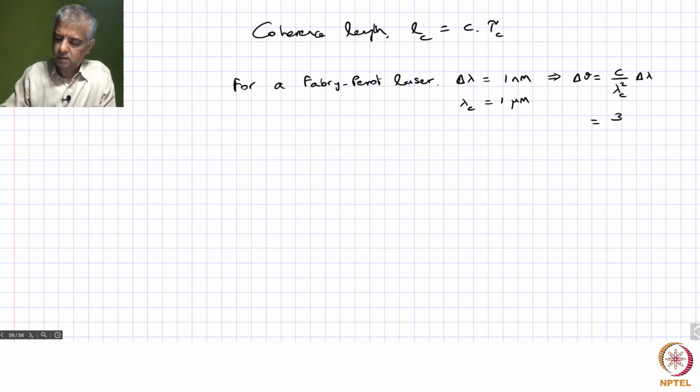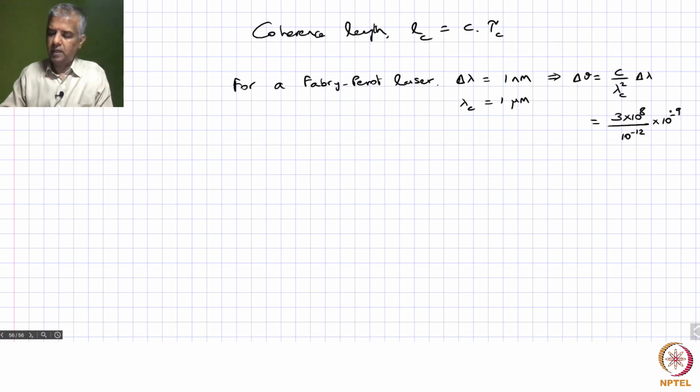So this is 3 into 10 power 8 divided by a micron square, so this is 10 power minus 12 and this is 10 power minus 9. That corresponds to 3 into 10 power 11 hertz, so that is basically 300 gigahertz. So delta nu is 300 gigahertz.